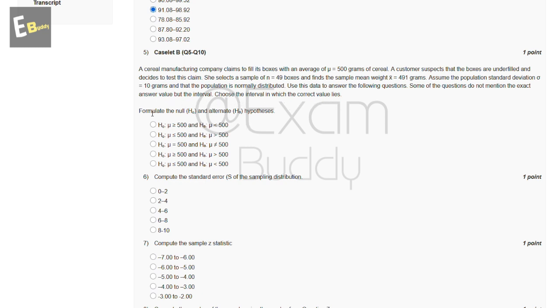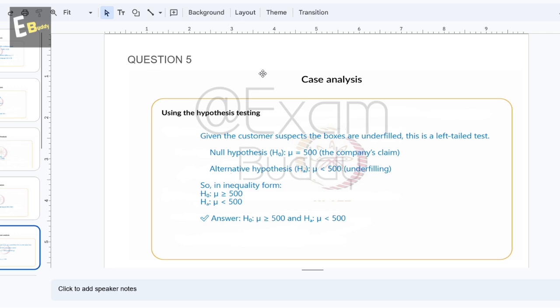The fifth question is: formulate the null and alternate hypotheses. These are the options, and let's check the answer. Given the customer suspects the boxes are underfilled, this is a left tail test. The null hypothesis is H0: mu greater than or equal to 500, and so on.